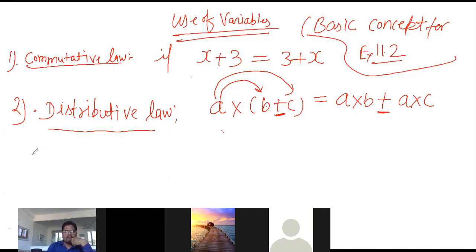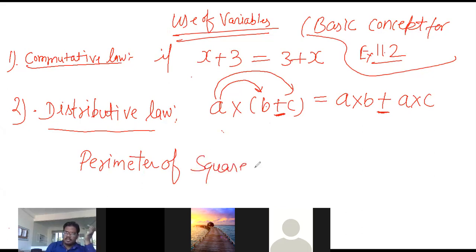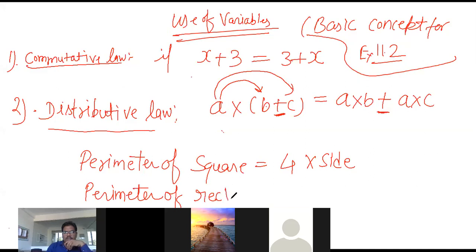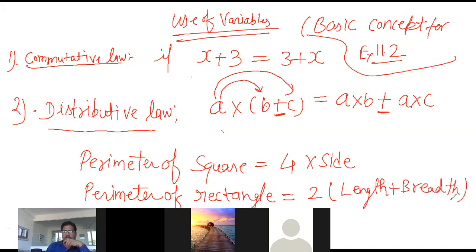Now some formulas. I think you know that the perimeter of a square is 4 into side, and the perimeter of a rectangle is 2 into length plus width.